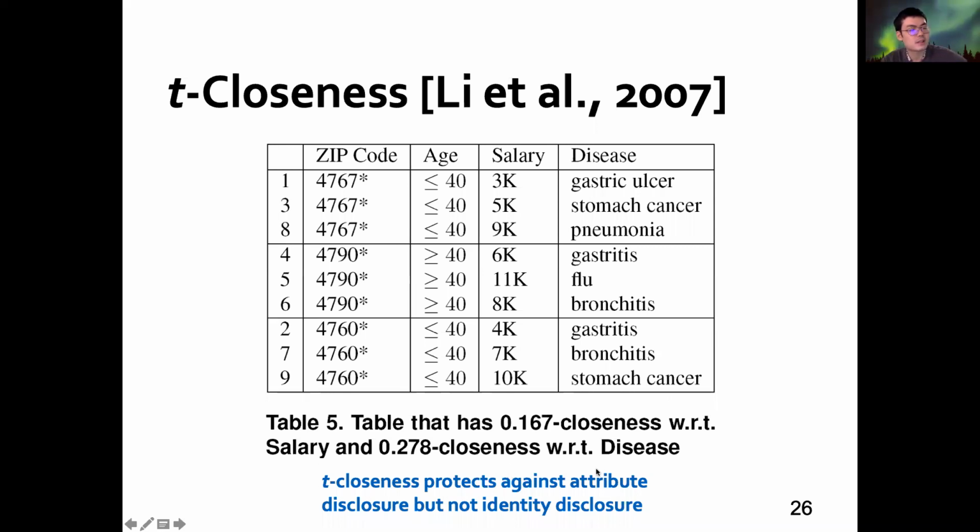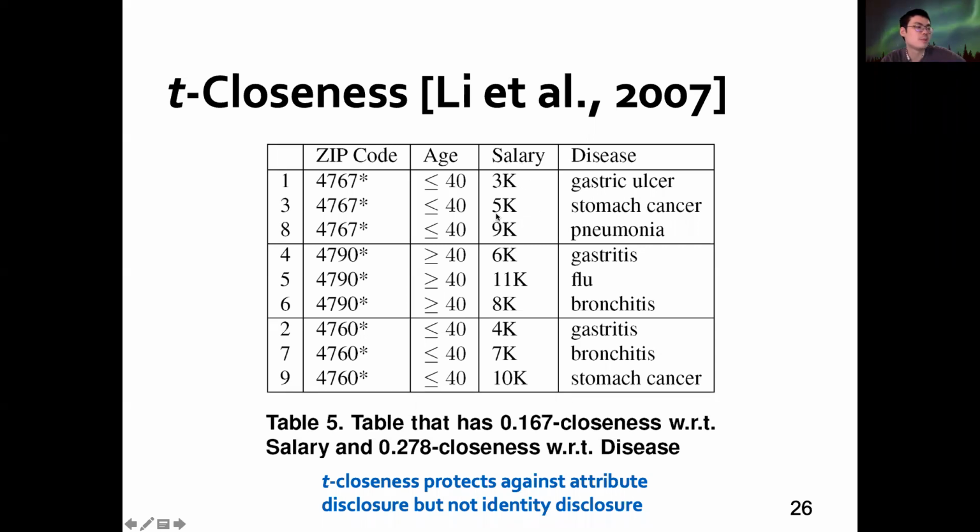T-closeness protects against attribute disclosure, but not identity disclosure. Based on these values, you can still know someone is within these 3, but the distribution of the sensitive attribute is even.